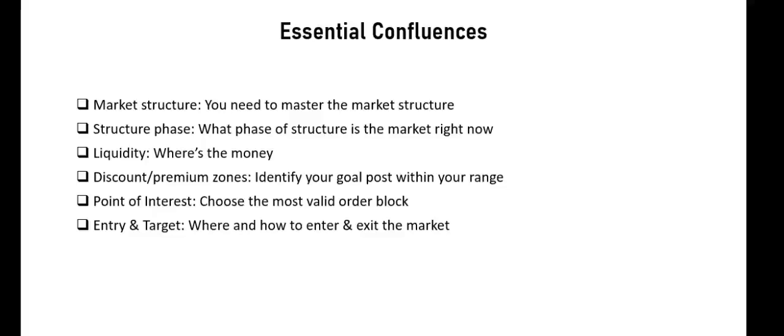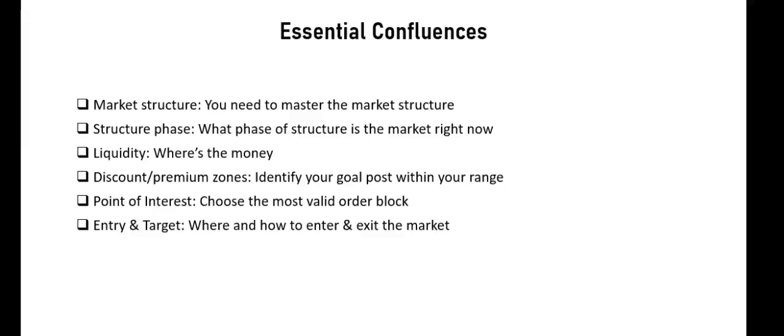And next is the point of interest. You need to understand how to choose the most valid point of interest. For us here it is order block. Well, for you it could be a fair value gap, a mitigation block, a breaker block, or some sort of point of interest that you look at.